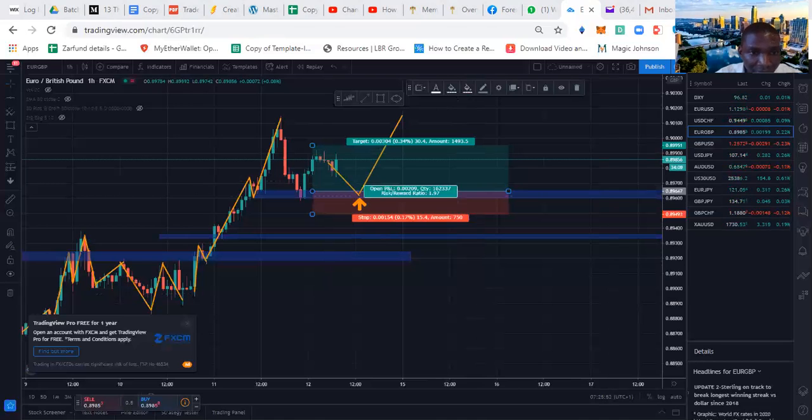Then stop loss is 0.89493. Okay, so those are the parameters.